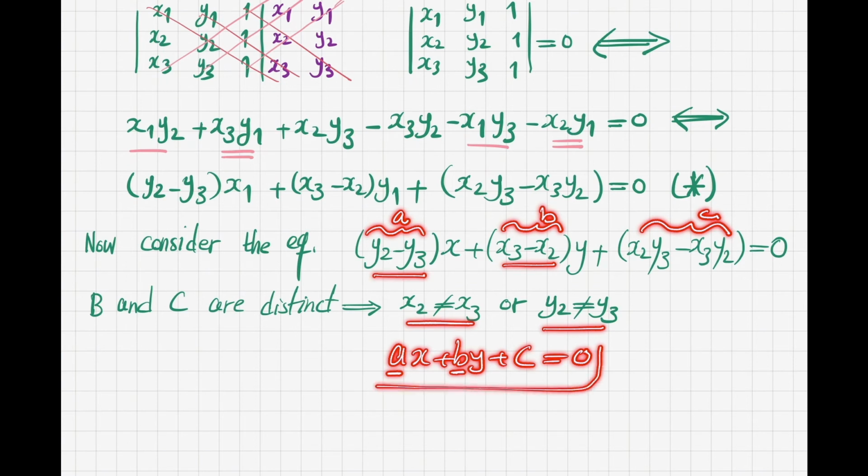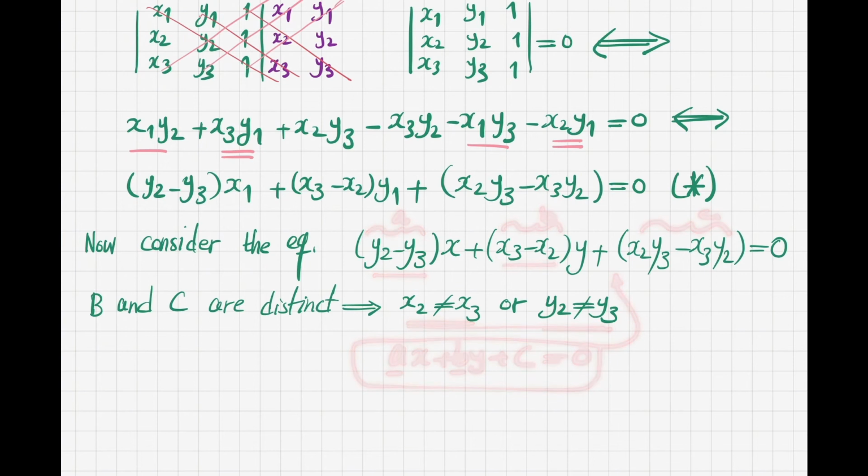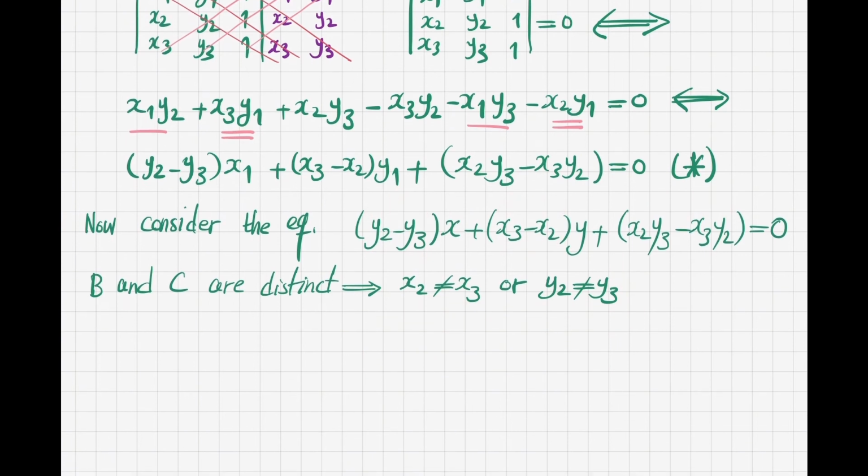So the equation that I wrote here is an equation for a straight line because of these two conditions, because one of these conditions has to hold. Okay, so what I conclude here is that therefore this equation is an equation of a straight line.